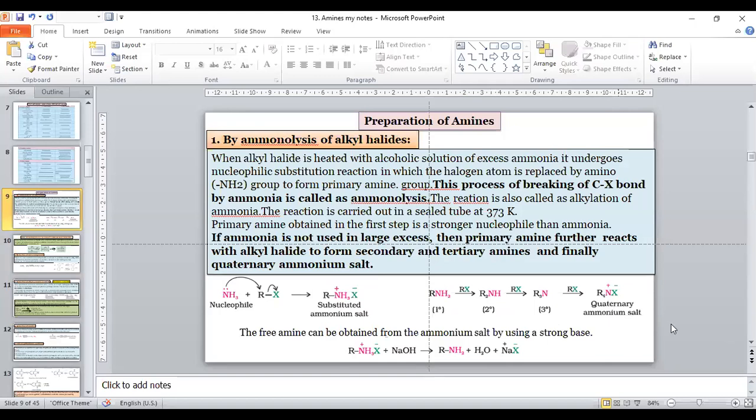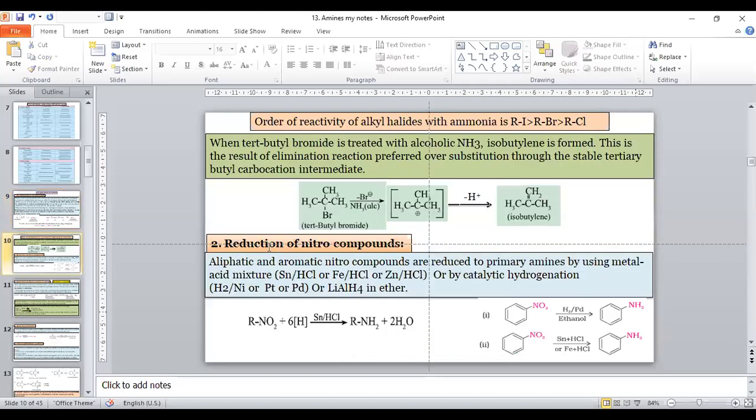Then the second method we discussed is the reduction of nitro compounds, that is, how the NO2 group is converted into NH2 by reduction with Sn/HCl. Then we can use Fe/HCl also. You can use H2/palladium, H2/platinum, Raney nickel, or lithium aluminum hydride, or NaBH4. We can use any reducing agent here.